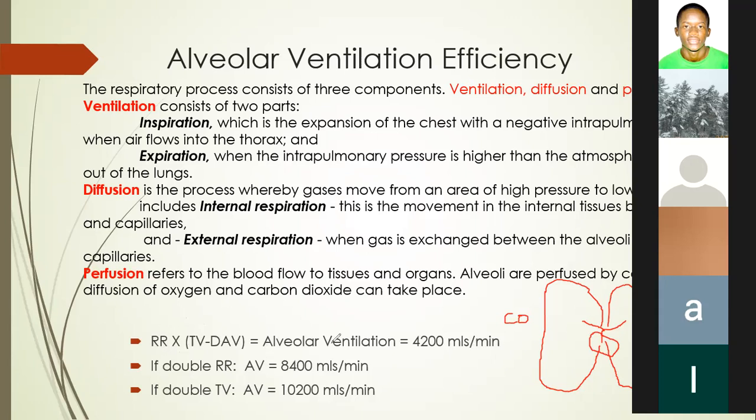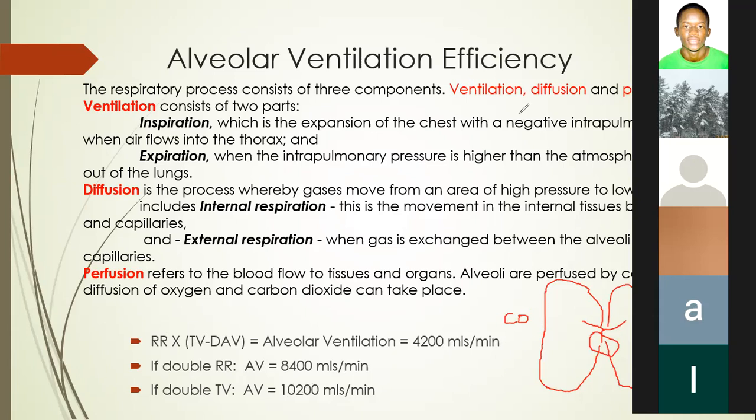In this formula, I was just trying to show you how to calculate the alveolar ventilation. It takes into account respiratory rate, tidal volume, and dead space volume. I remember we did that in the last slide.